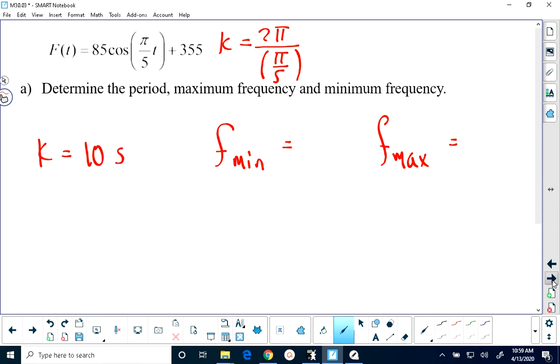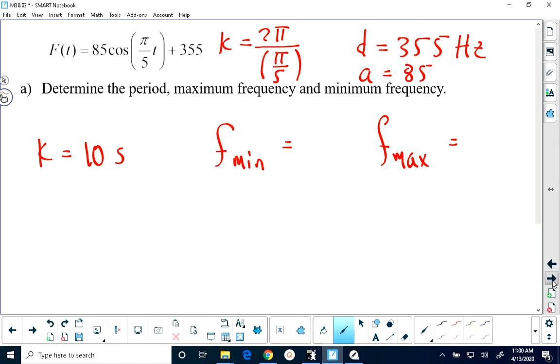The minimum and maximum frequencies are found by looking at the value of d, which is 355 hertz. That's the vertical displacement. The lowest value of the frequency would be that vertical displacement minus 85, because 85 is the amplitude.